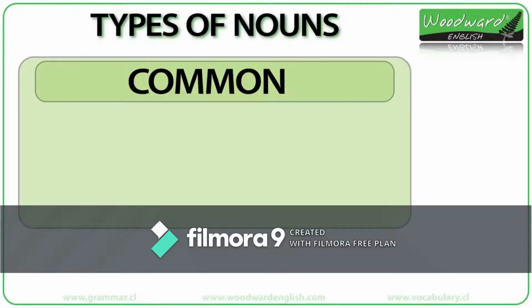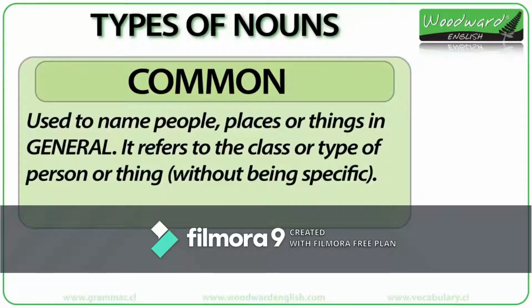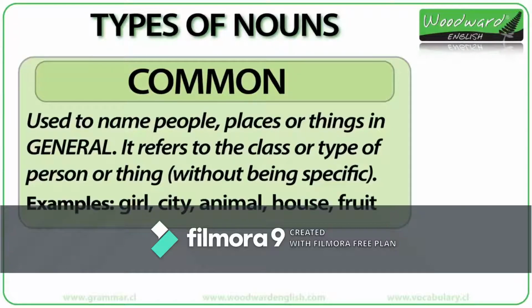Common nouns. Common nouns are used to name people, places, or things in general. It refers to the class or type of person or thing without being specific. Some examples of common nouns are girl, city, animal, house, fruit.